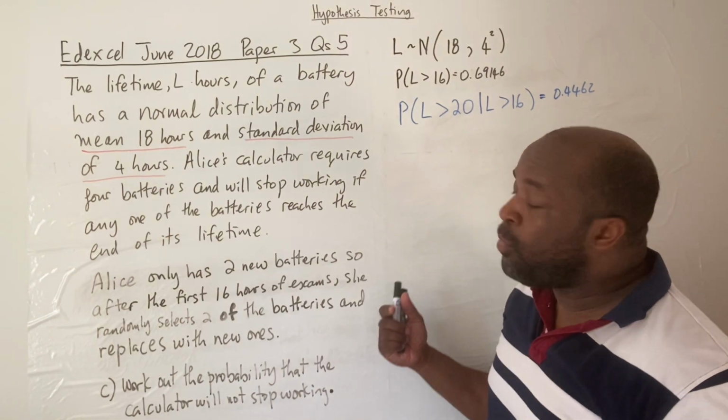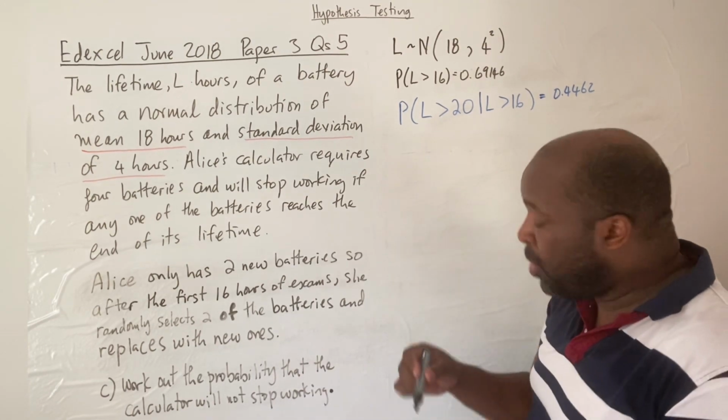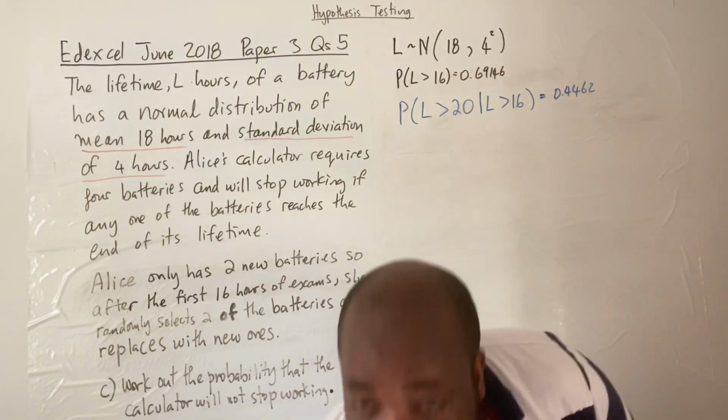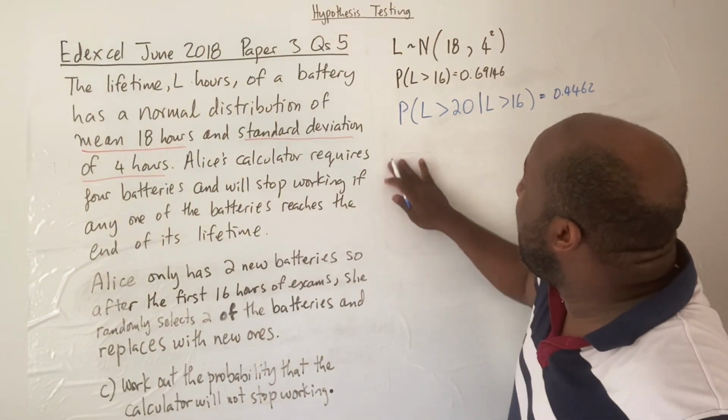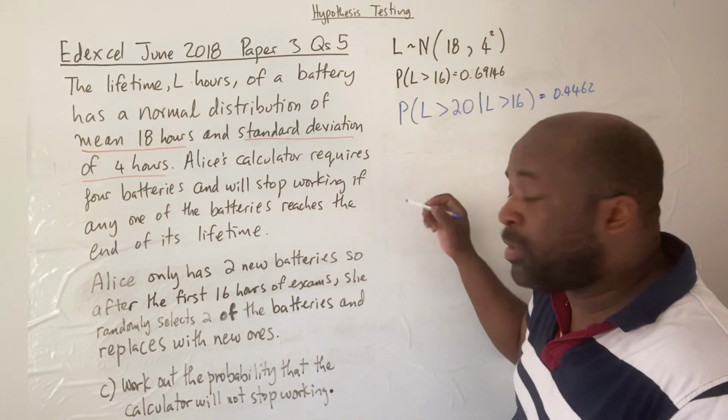So here, what this means is that we want to figure out whether or not the 2 new calculators will continue working and the 2 old calculators will also continue working beyond the 2 hours.